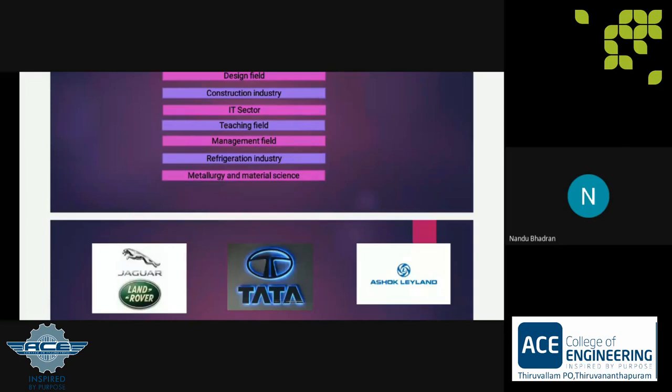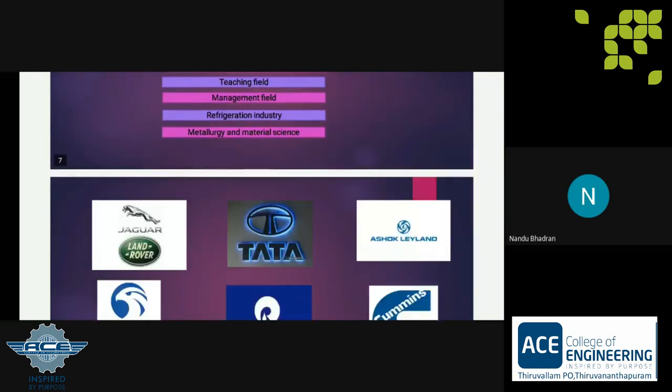Mechanical engineers are also employed in metallurgy and material science, which involves mining of different elements, different metals, and conversion of it into useful products.